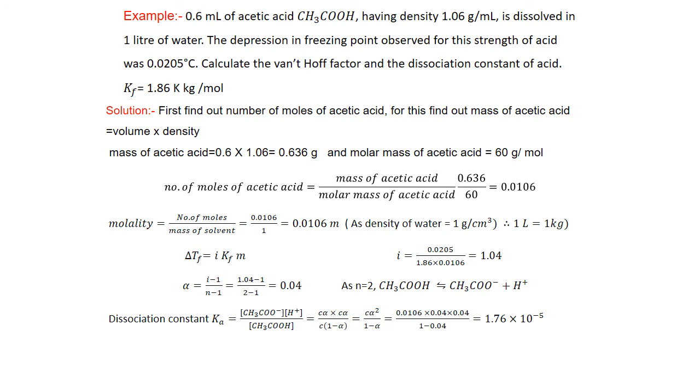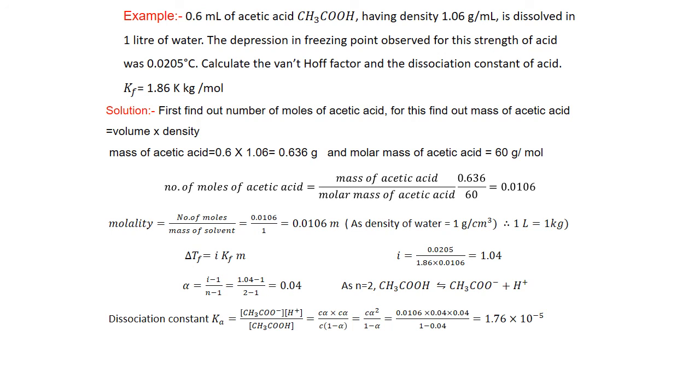And find out the mass of the acetic acid. That is volume into density, 0.6 multiplied by 1.06. So 0.636 gram acetic acid is dissolved. Number of moles will be mass of acetic acid divided by its molecular mass, 0.636 divided by 60 is equal to 0.0106.